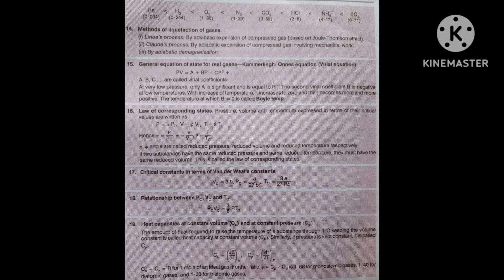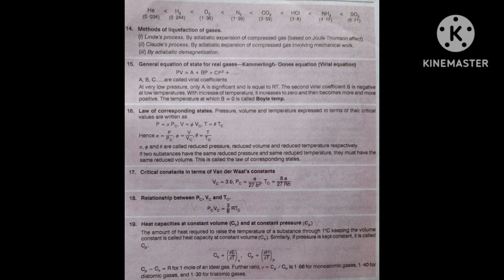Again I am repeating, the amount of heat required to raise the temperature of a substance through 1 degree centigrade, keeping the volume constant, is called heat capacity at constant volume. Similarly, if pressure is kept constant, it is called Cp. Cp is similar to Cv, the only difference is at constant pressure. Cv means at constant volume and Cp means at constant pressure.